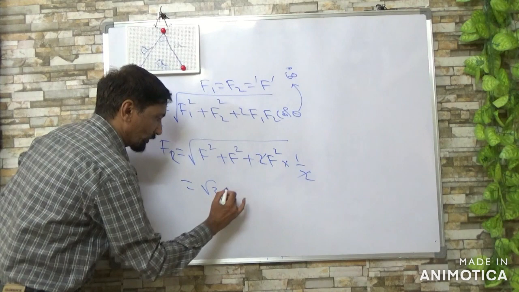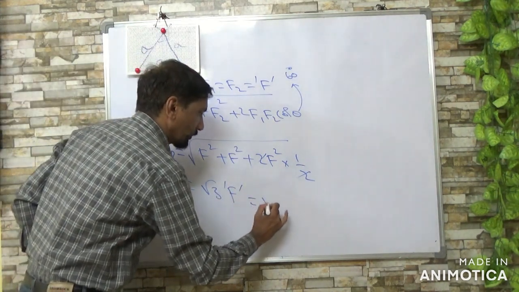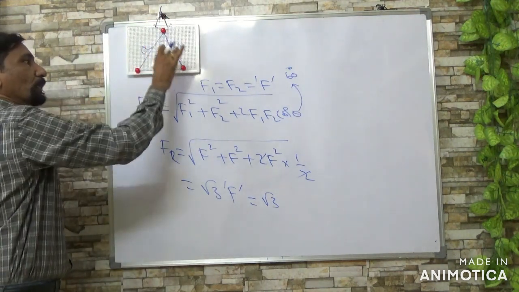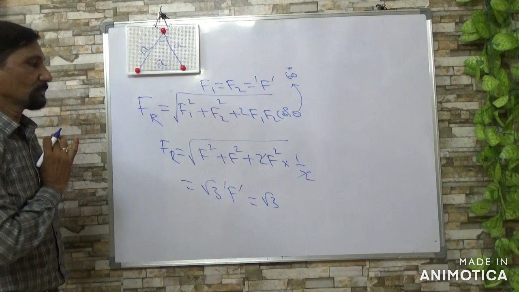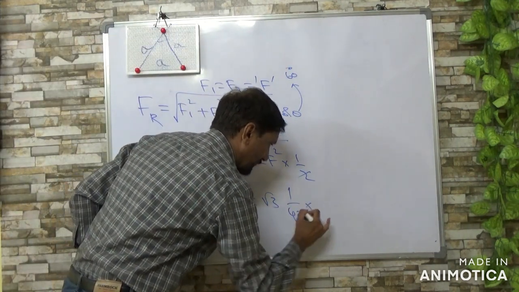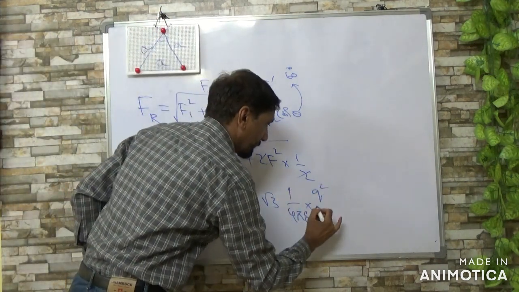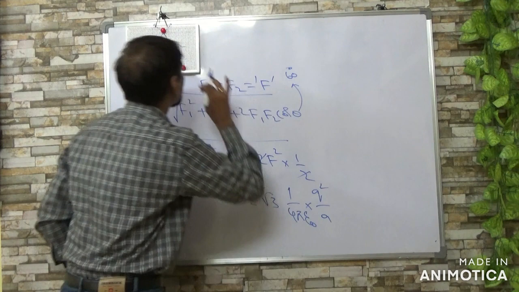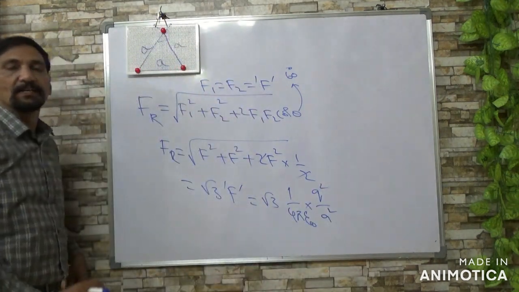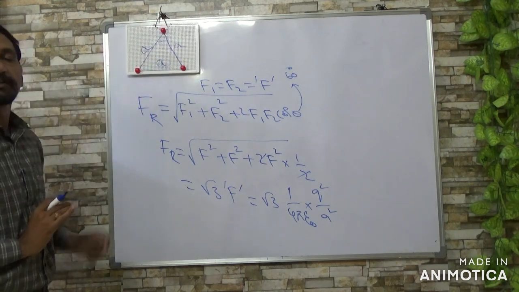Root 3 F. So root 3 into F, where F is the force between any two point charges, which is 1 by 4 pi epsilon naught Q square by A square. So this is the resultant force experienced by this one due to the other two.